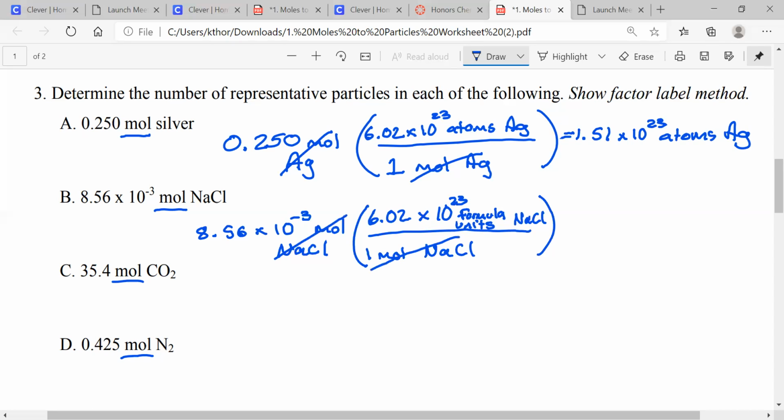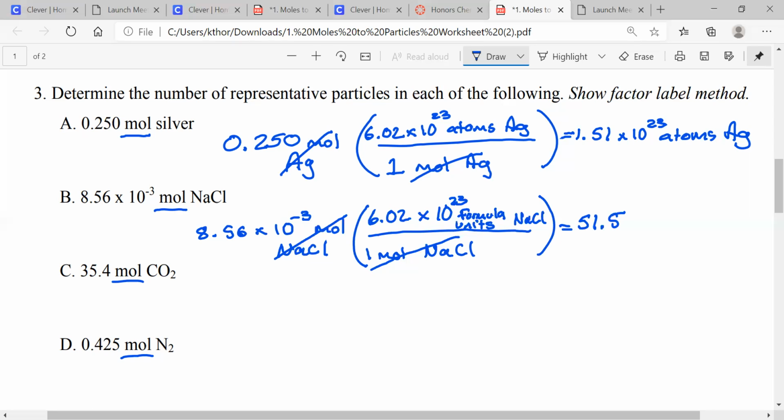of sodium chloride on top. Moles cancels out. And as I've shared with you all, I know the number one mistake that you guys are going to make is you are going to not put the right number in the right spot. And so we're going to do 8.56 times 6.02. I get 51.5.